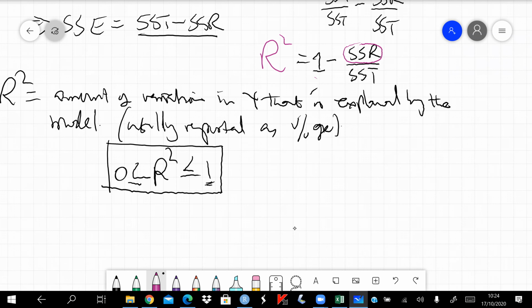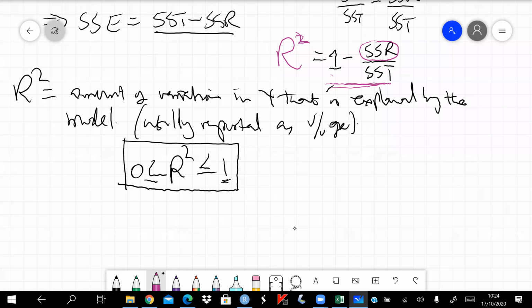That also means that if your SSR is equal to the total sum of squares, then your R squared will be equal to 0. That means your model is explaining 0 variation in the value of Y. You have the worst fit.